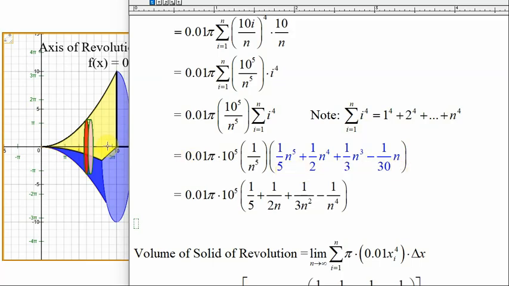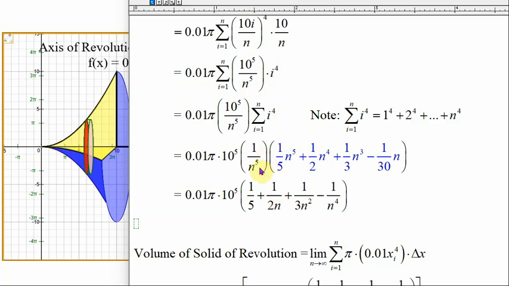And so 1 over n to the 5th times 1/5 n to the 5th, it's just 1/5. And then 1 over n to the 5th times 1/2 n to the 4th is 1 over 2n.